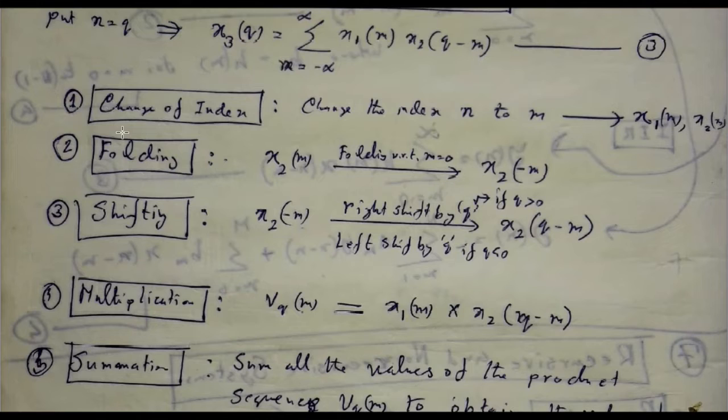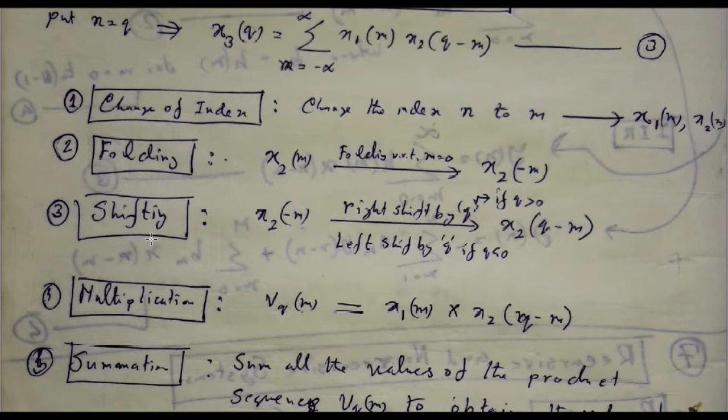The first step is to change the index of each signal from n to m, so the signals become x1[m] and x2[m]. The second step is the folding operation on the second signal: x2[m] is folded to x2[minus m] with respect to the origin, that means m equal to 0.